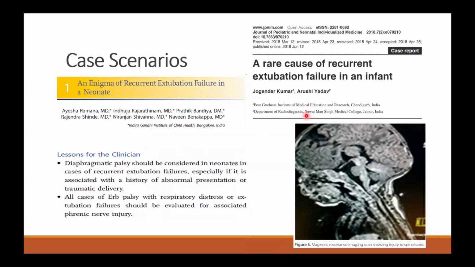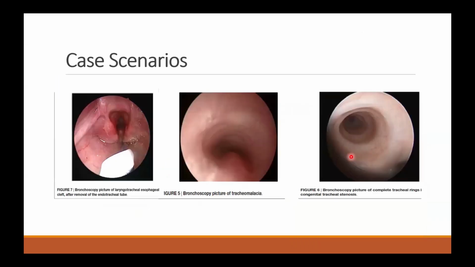Recurrent extubation failure could also happen in a spinal cord injury in a neonate, which is most commonly missed. It is not a very common scenario, but one should remember that this is also a cause of recurrent extubation failure in an infant.